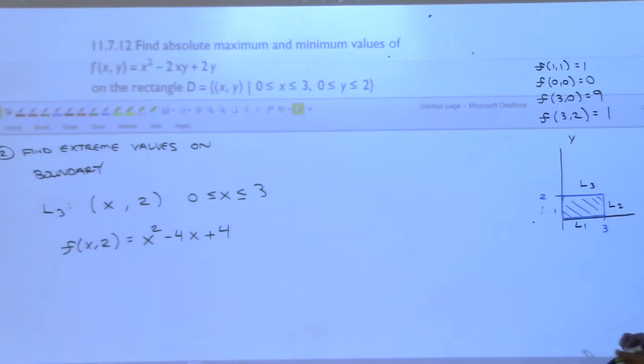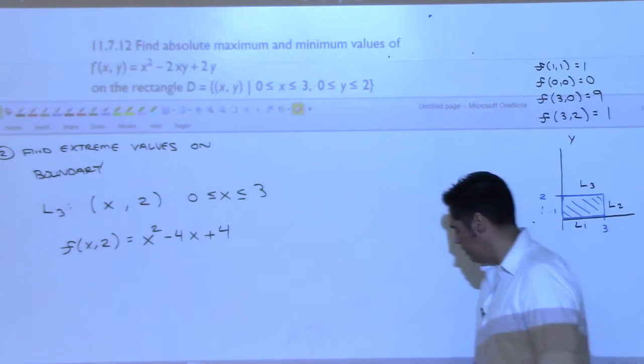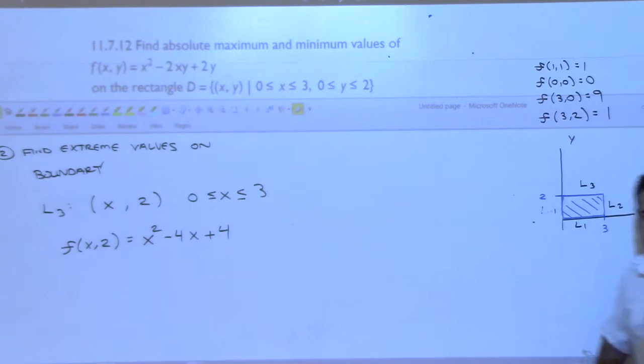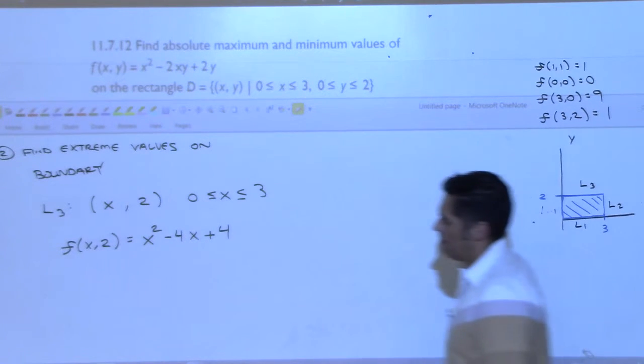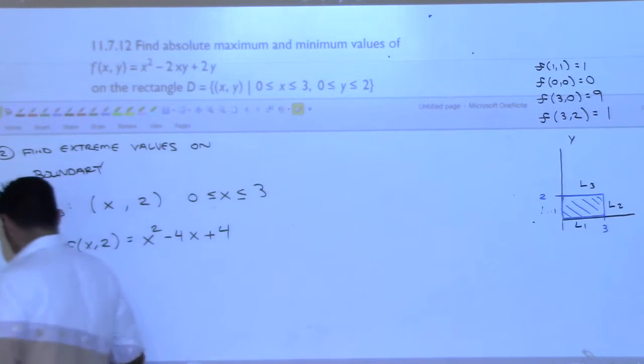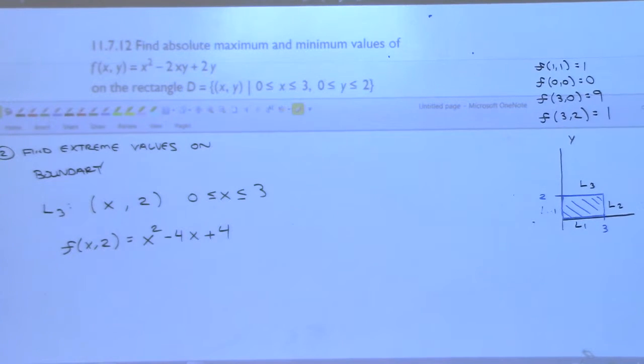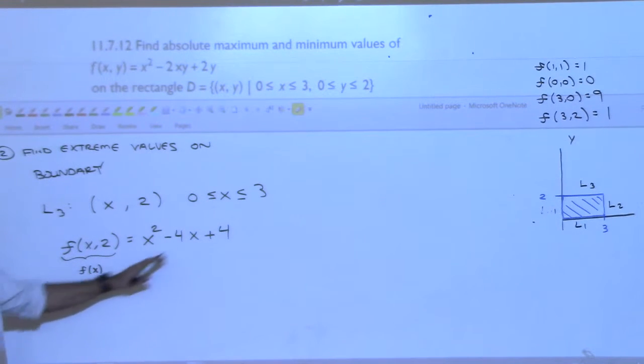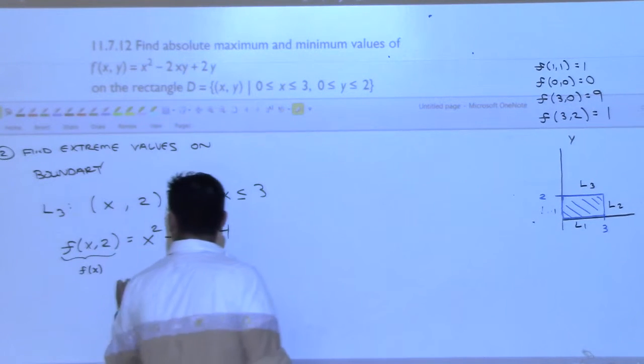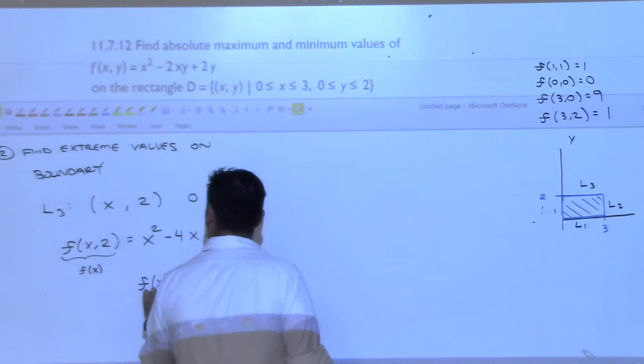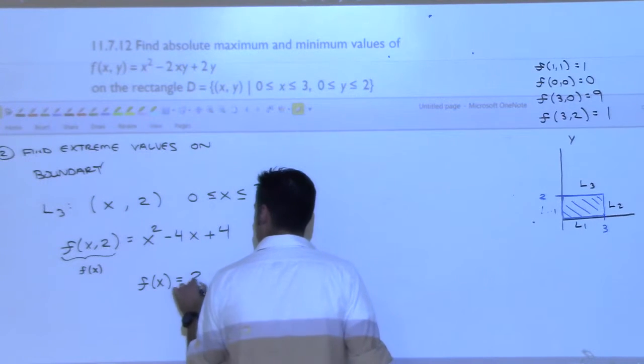What now? We've reduced this to a function of a single variable now. Take the derivative. So now we take our derivative, and this one is 2x minus 4.